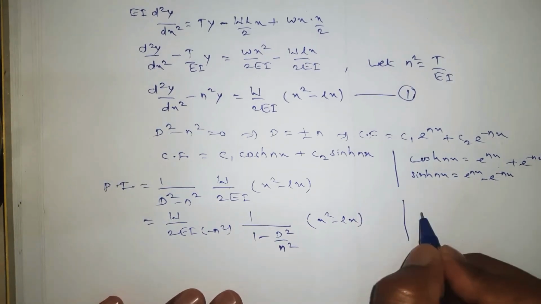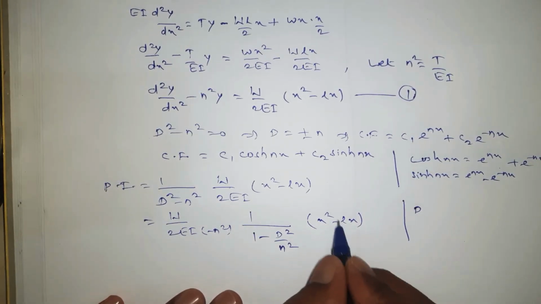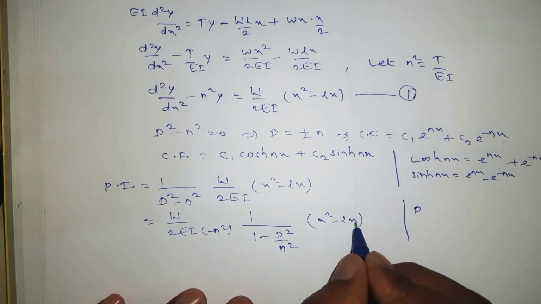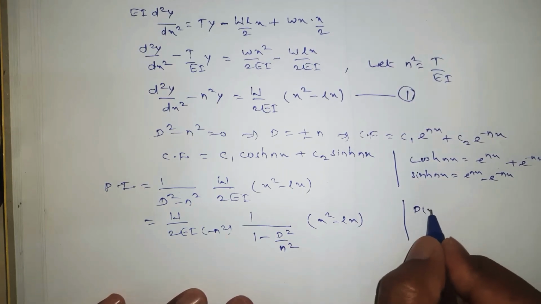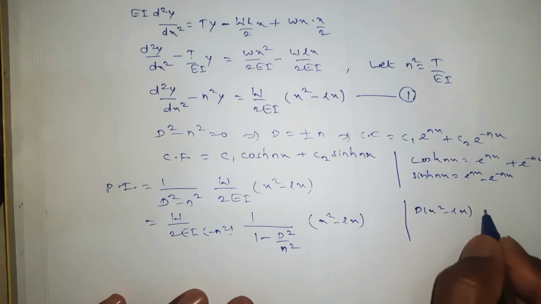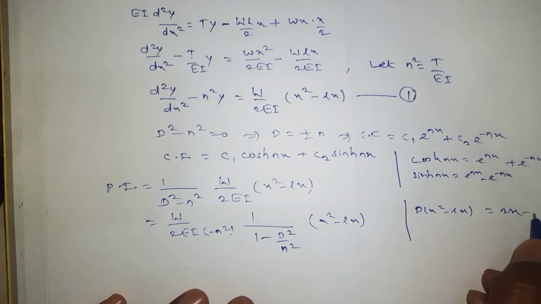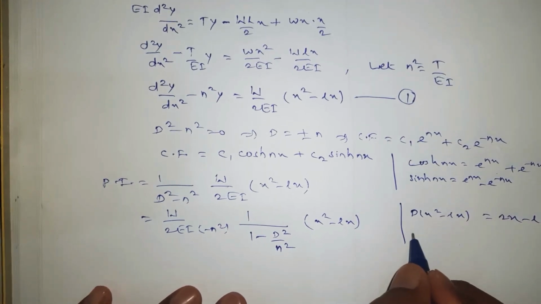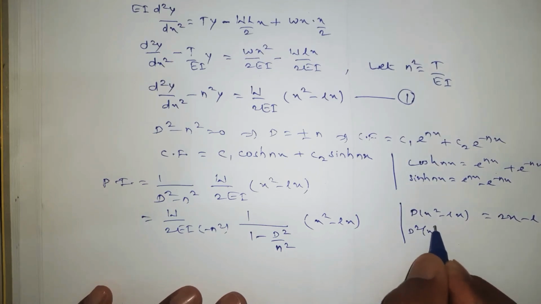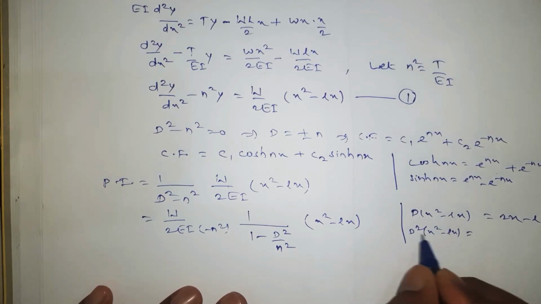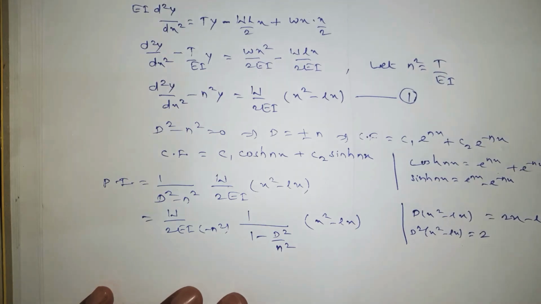For x square minus lx, let us find the derivatives. The first term is x square minus lx as it is. Now the derivative of x square minus lx is 2x minus l. If I take one more derivative, D square of x square minus lx is 2 only, and the third derivative is 0.